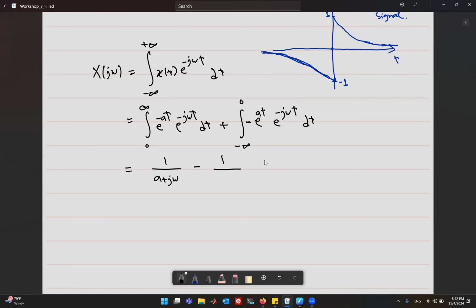And if we combine those two fractions, we get a minus j omega minus a plus j omega divided by a squared plus omega squared.